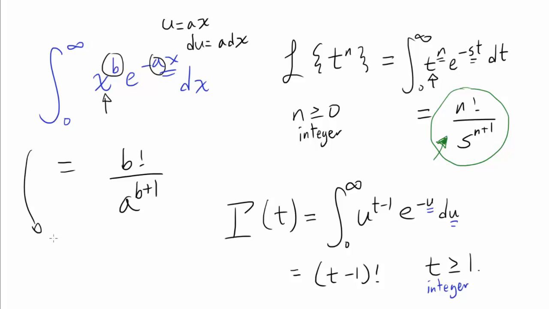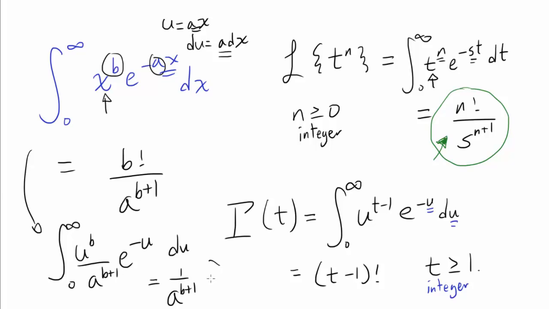And using the substitution, we get the integral from 0 to infinity. The bounds stay the same. And we have x being u over a, so u to the b over a to the b, times e to the negative u, and du is a dx, so dx is du over a, so dividing by another a, and we have 1 over a to the b plus 1 times the integral from 0 to infinity of u to the b times e to the negative u du, and as we can see, that is the gamma function evaluated at t equals b plus 1.